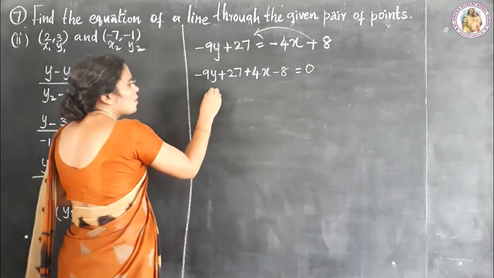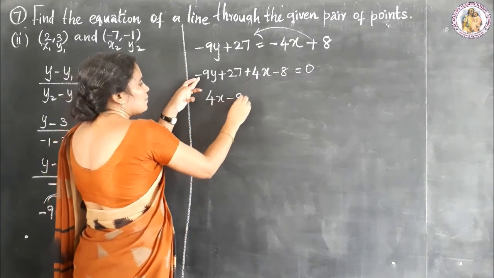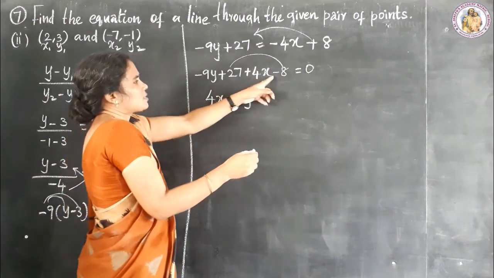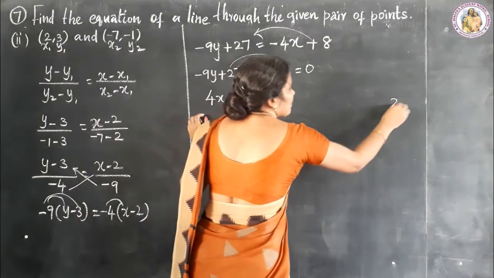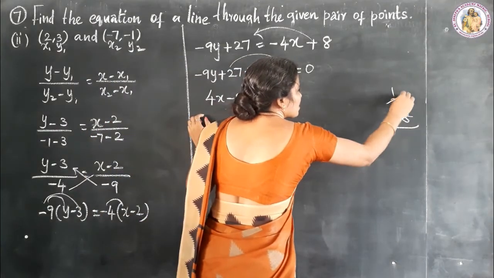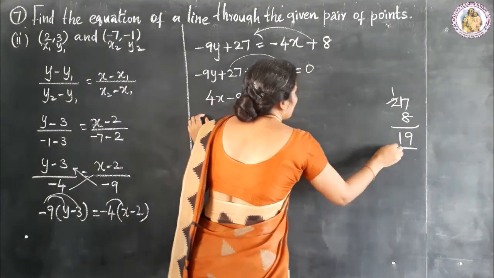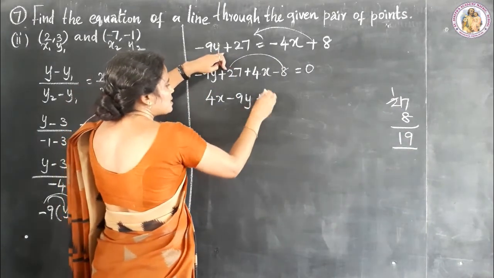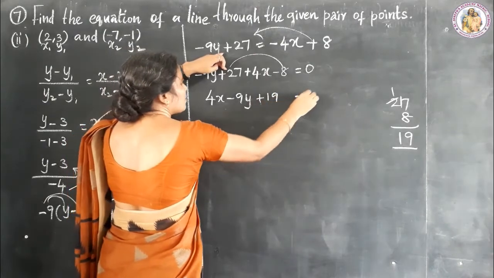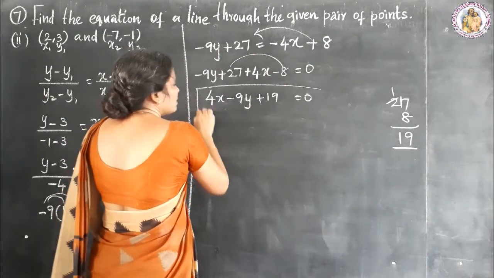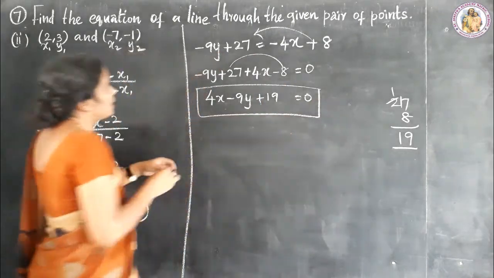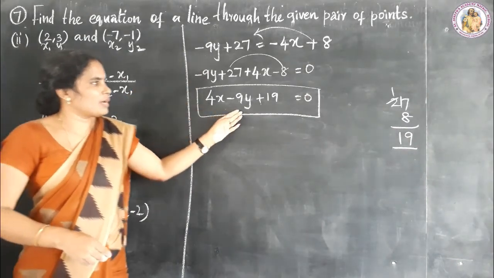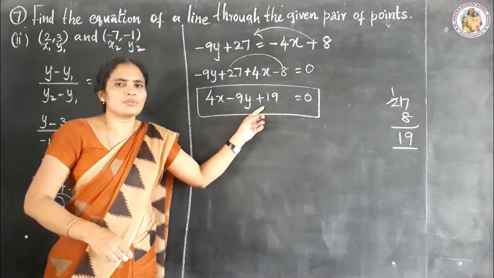Now arrange: 4x minus 9y, now 27 minus 8, which is 19. Therefore the equation of the line passing through the given pair of points is 4x minus 9y plus 19 is equal to 0.